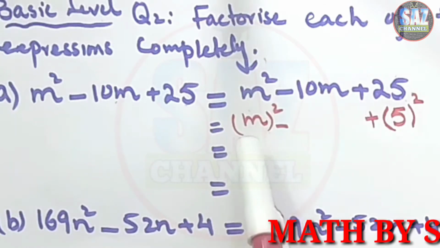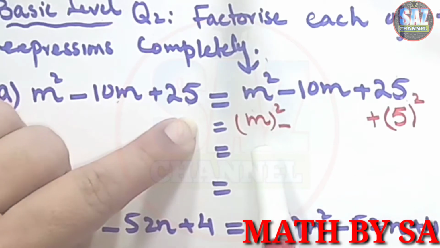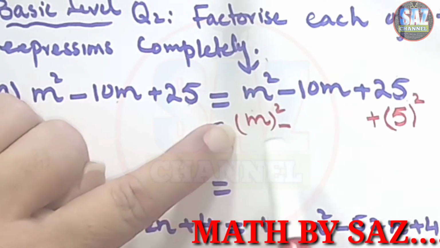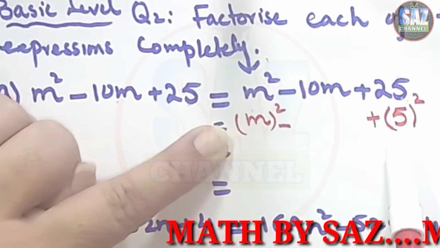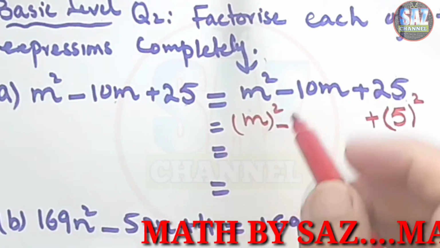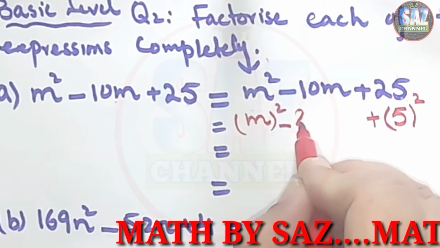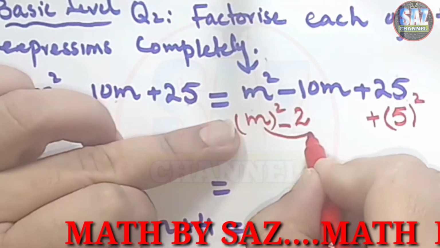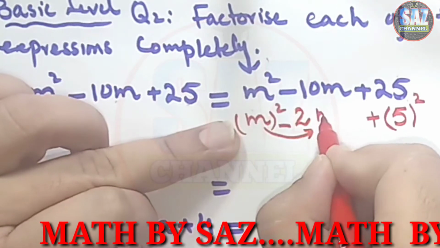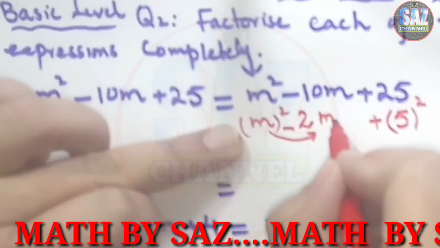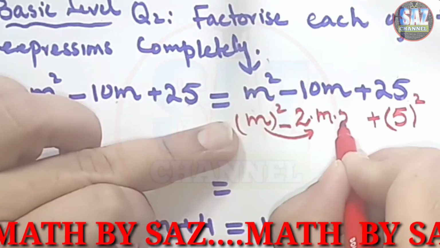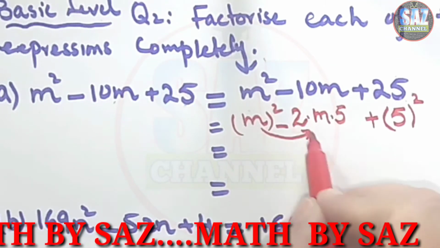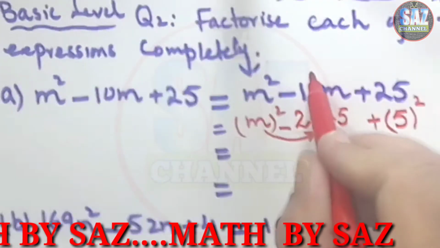Let's move to the question and express it in the form of the identity. m square can be written as m whole square and 25 can be written as 5 whole square. Coming to the middle term, I have to write 2, and a from the first bracket, that is m, and b from the second bracket, that is 5. So if mentally we multiply these terms, we can get minus 10m back.